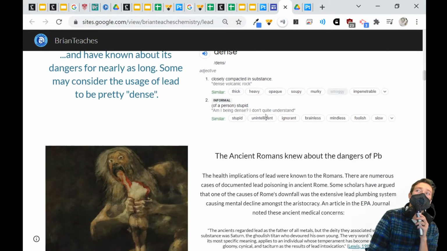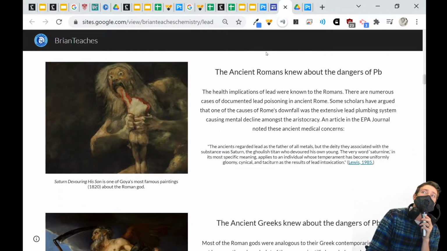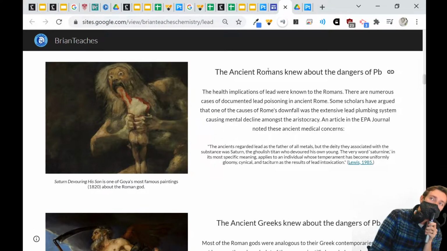So let's go through the list. The ancient Romans, did they know about the dangers of lead? Yeah, they did. This picture right here, do you guys know who this is? This is a famous picture from Goya. It's called Saturn Devouring His Son.